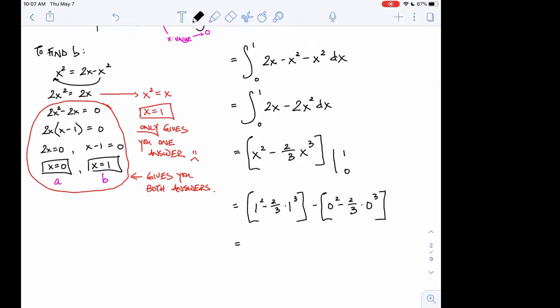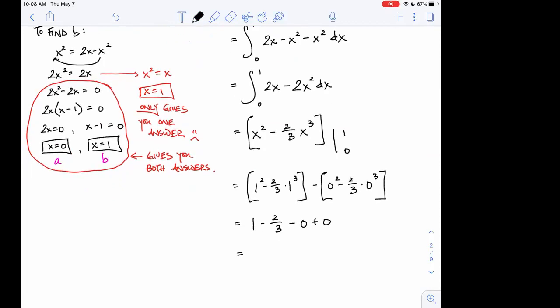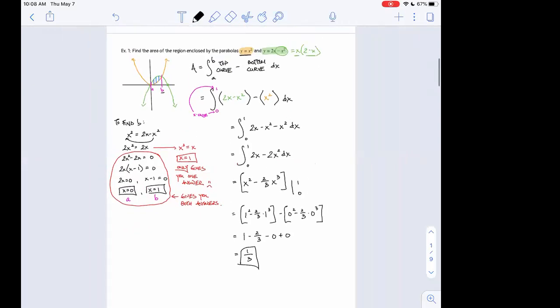And this is going to give me 1 minus 2/3 minus 0 plus 0. And so this will leave me with an answer of 1/3. And so 1/3 represents the area between the orange curve and the blue curve when we start at 0 and we end at 1.